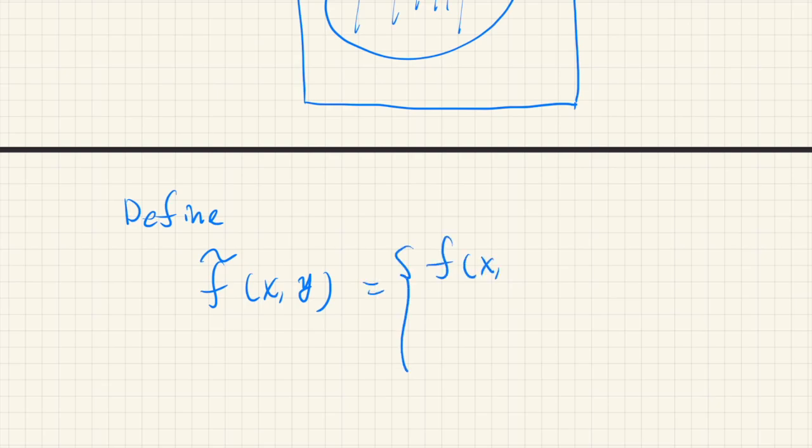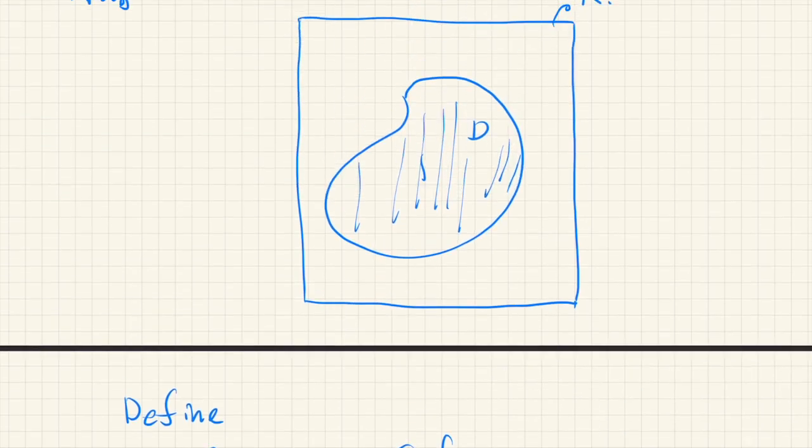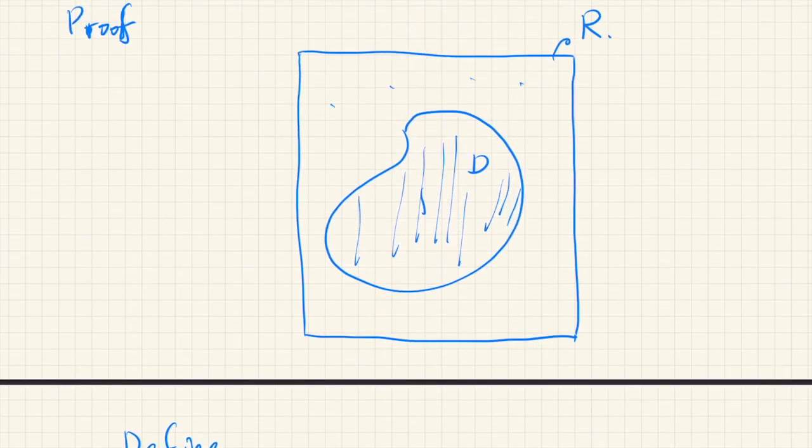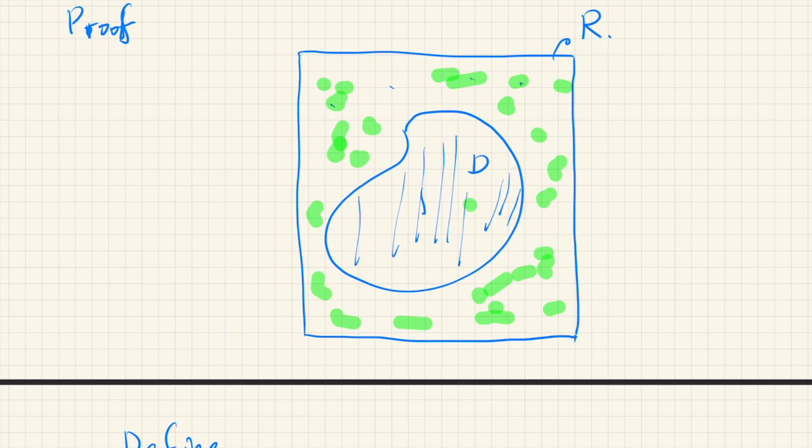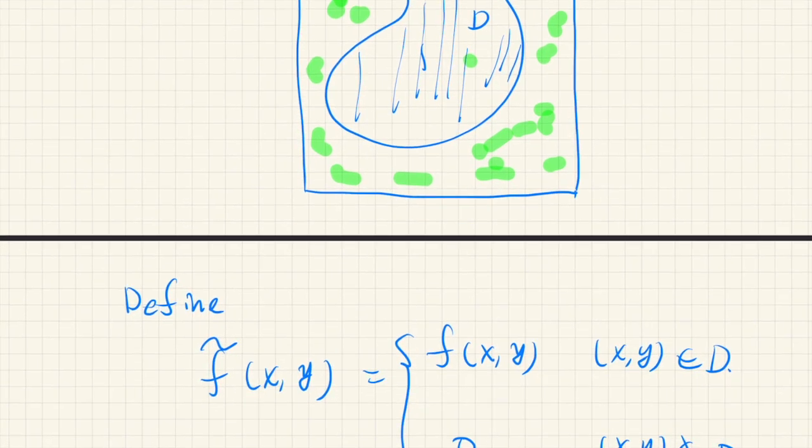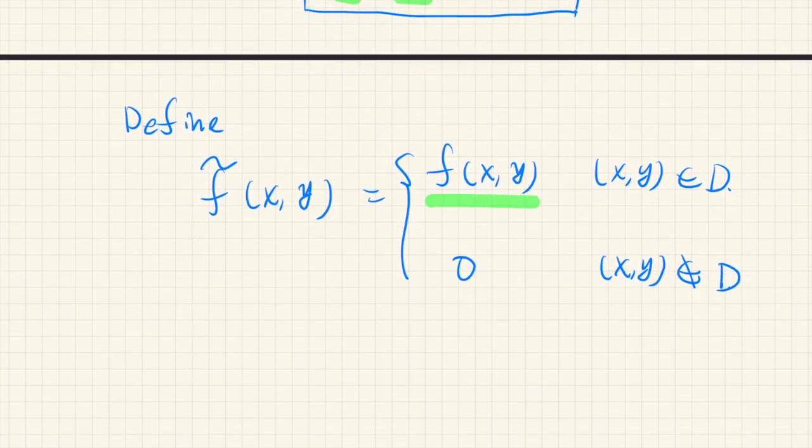It is the same as f of x, y if (x, y) is a point in D. Otherwise, if (x, y) is not in D, it's defined to be 0. So outside D, this f tilde takes the value 0, and inside D, it takes the same value as f of x, y.